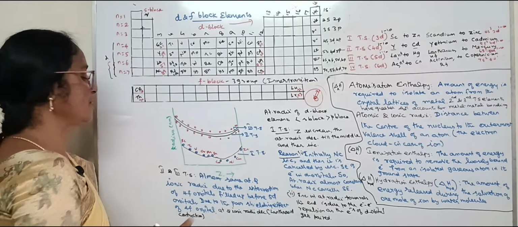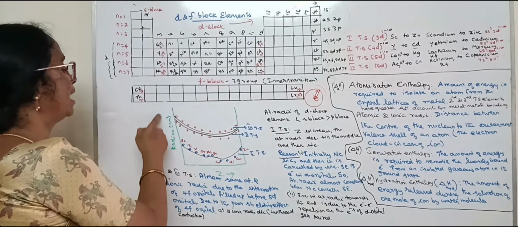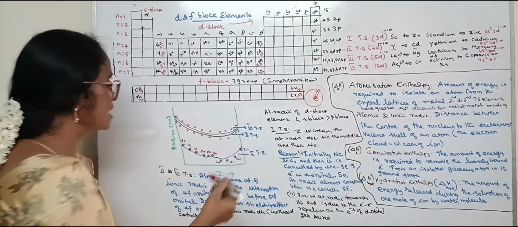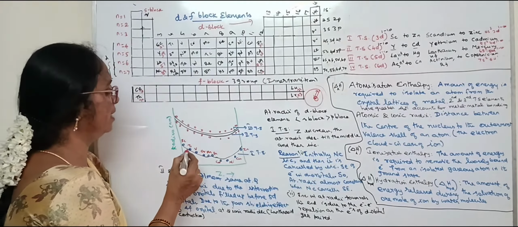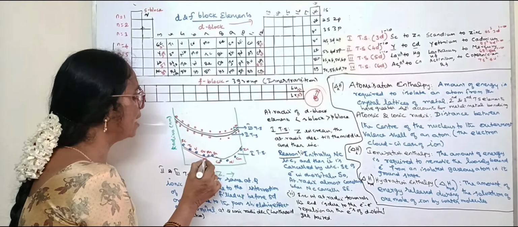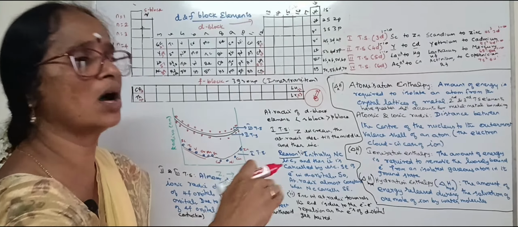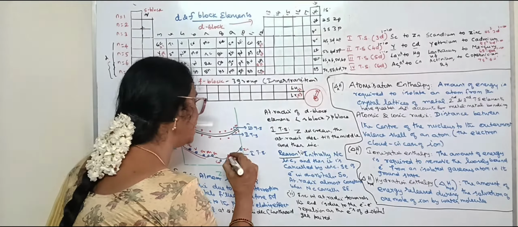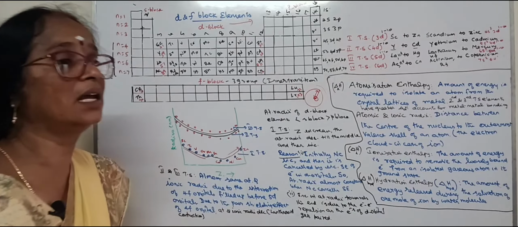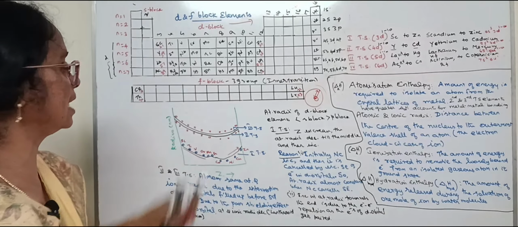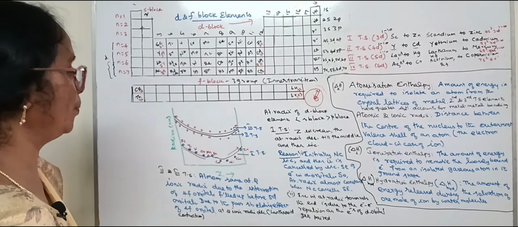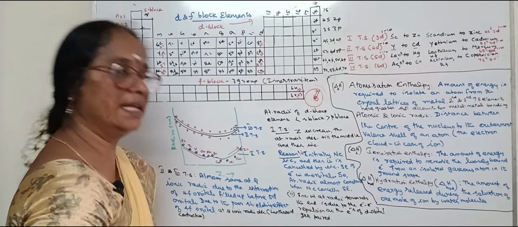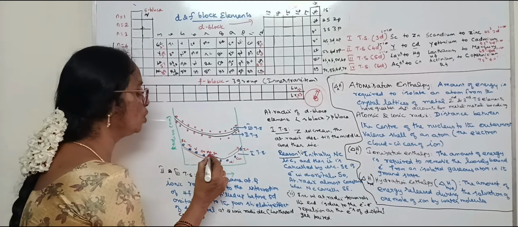In this graph we have plotted atomic number against radius, with radius taken in nanometers. In the first transition series, at the beginning the elements have almost constant atomic radii, then it decreases, and then once again it increases towards the end of the series. This is because initially the number of unpaired electrons increases from scandium to manganese.